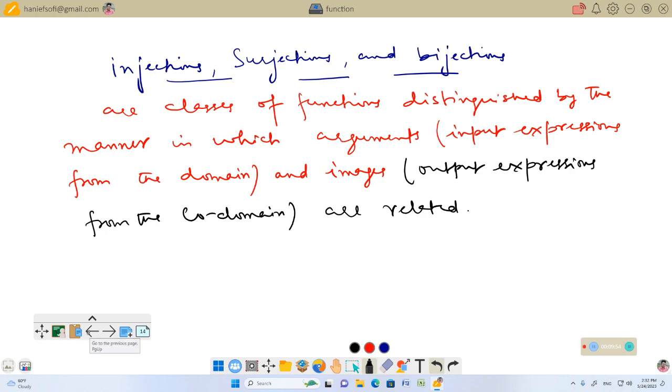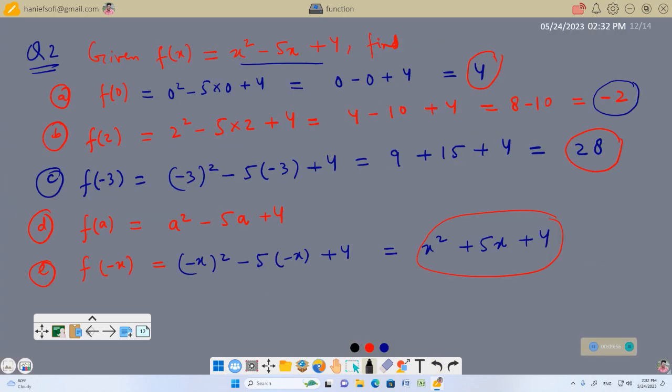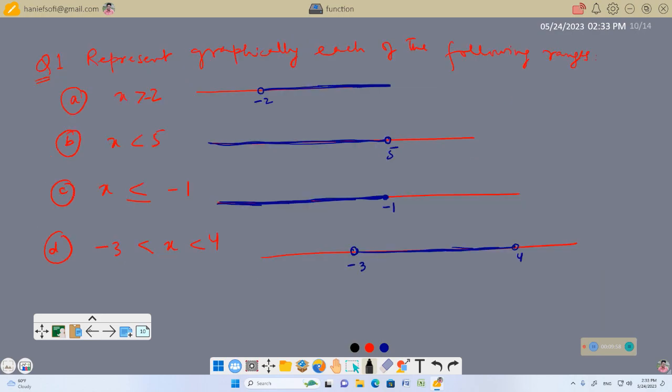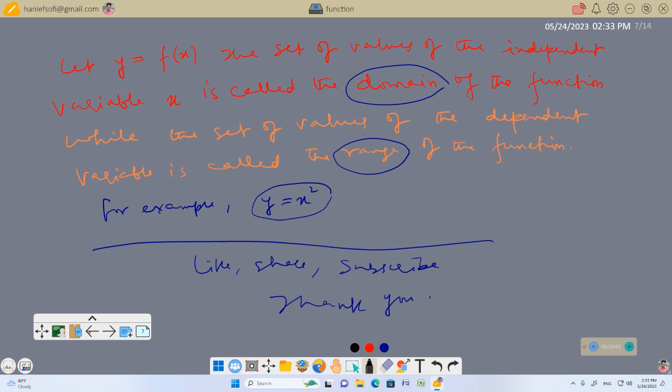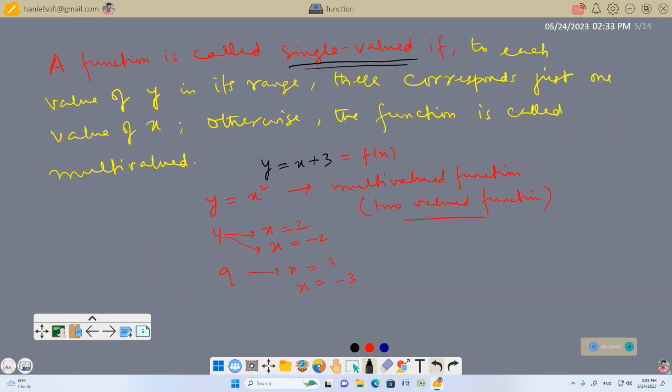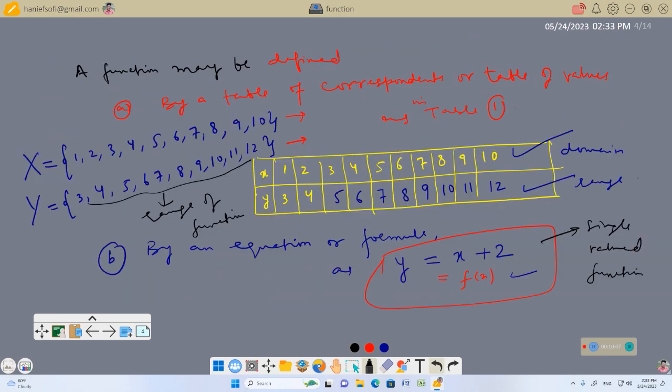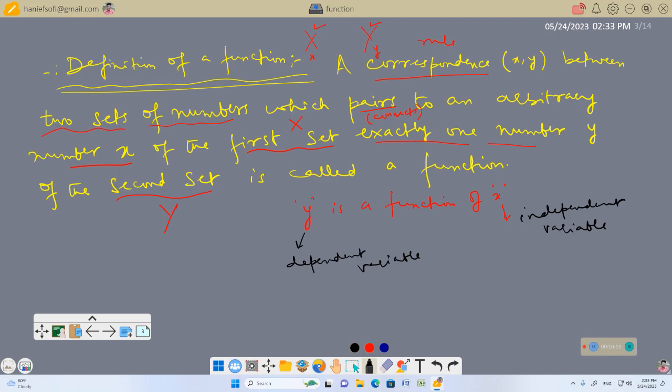And remember this when we defined function, this correspondence. For example, here we define the function this way.